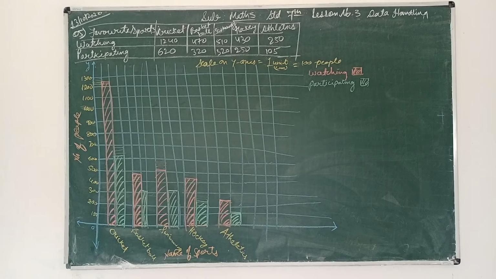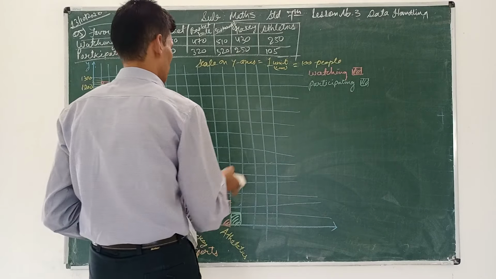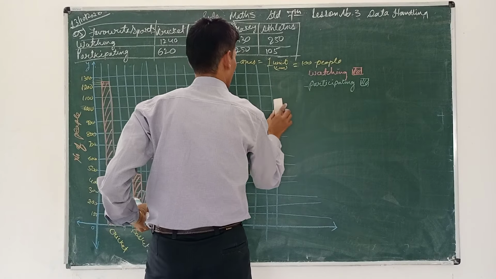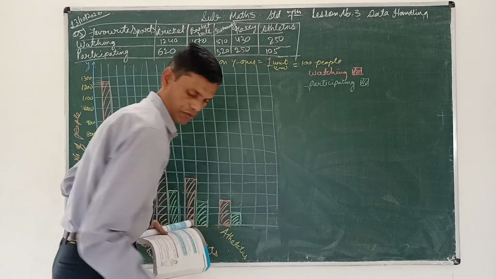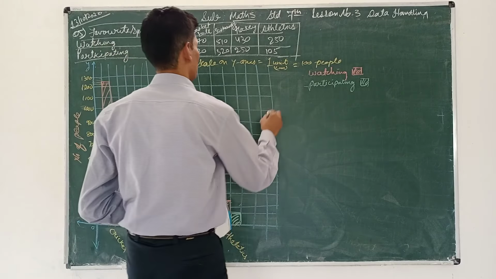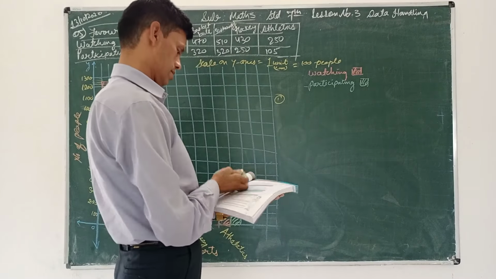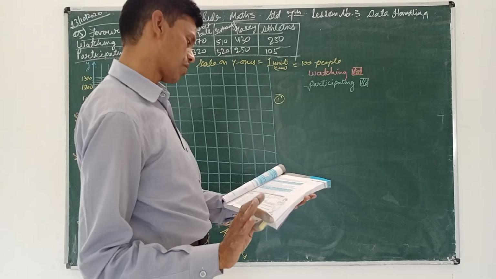Which is more preferred, watching or participating in sports? So we have to give the answer to this question. First question. What is the first question that I can see? Draw the double bar graph.